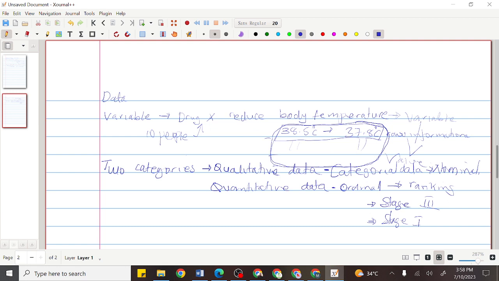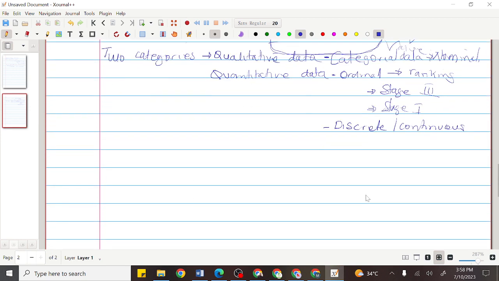The other category of quantitative data is what we call discrete data, which can also be termed as continuous data. Continuous data. This data can actually take any form. Okay, it can take any value.